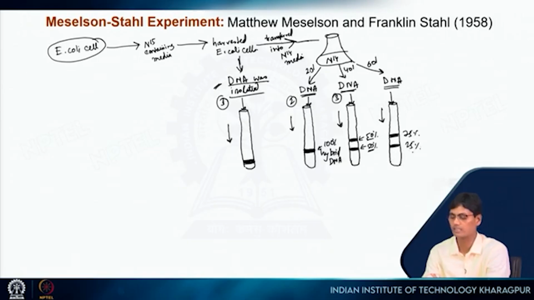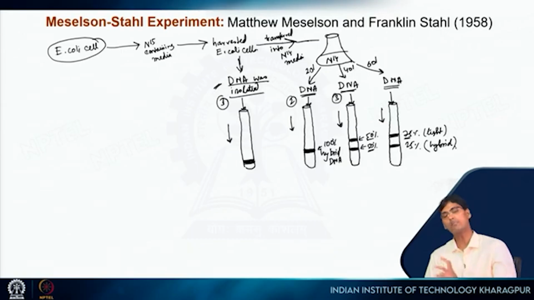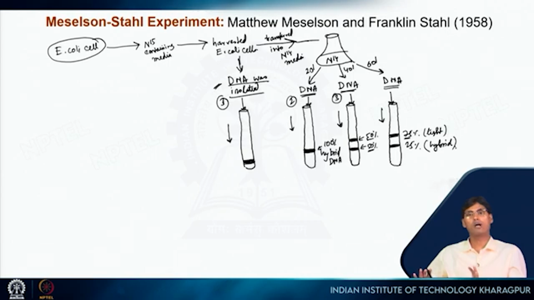So 25% hybrid and 75% light. So this is light DNA, that means DNA containing N14, and this is hybrid DNA.